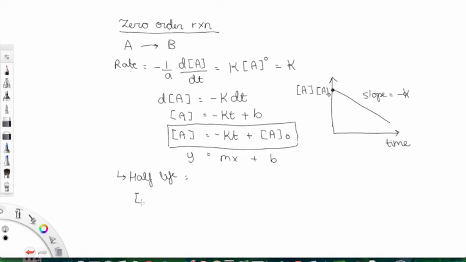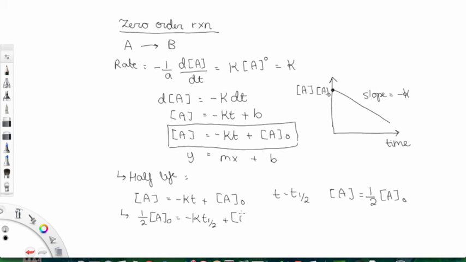We start with A equals negative kt plus A0, and at t equals the half-life, the concentration of A is going to be 1/2 of the initial concentration of A. So we have 1/2 A0 equals negative kT 1/2 plus A0, and from here we get 1/2 A0 equals kT 1/2.